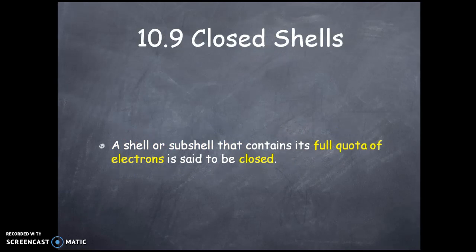A shell or subshell that contains its full quota of electrons is said to be closed, which means it is the most stable. If a shell has the capacity for a certain number of electrons and it has that many, it is closed, and such elements are very inactive or very stable.